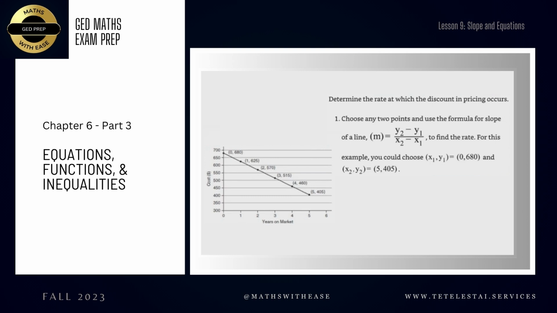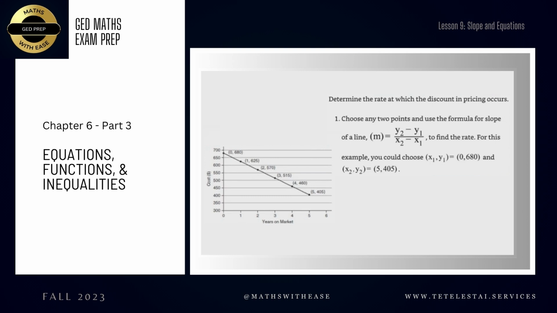Determine the rate at which the discount in pricing occurs. So again, remember earlier we established that a rate is a unit measure, right? And we know from our lesson on fractions that when you see per, it means you have a numerator, you have a denominator, and we know that a rate is a unit measure, and we've established that unit measures compare a certain value in terms of another.